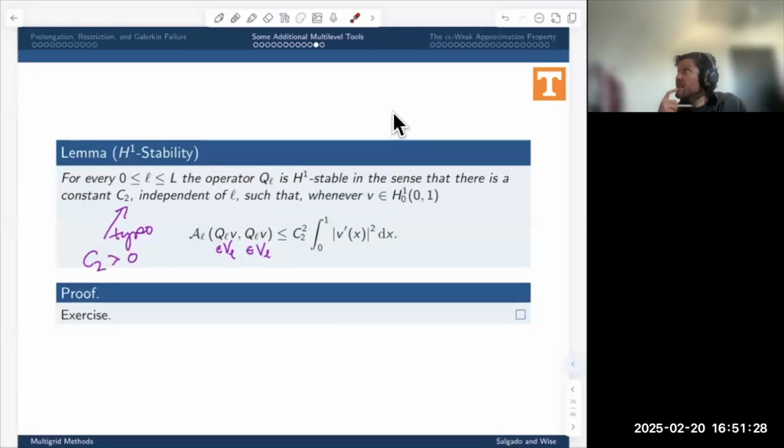I was going to say V could be a constant function, but the only constant function that's allowed in this space is the 0 function. So as long as it's not exactly equal to the 0 function in this space, then this whole thing has to be a positive number.